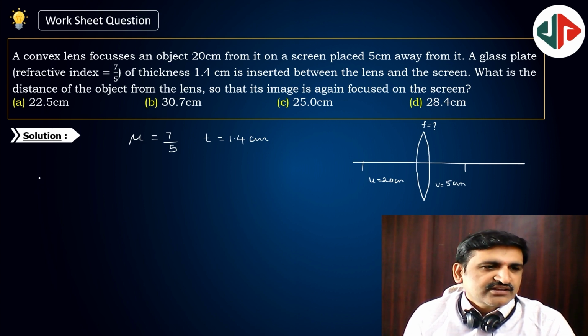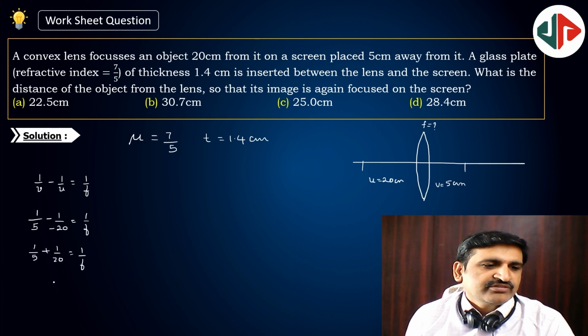That is 1 by v minus 1 by u equal to 1 by f because it's a lens. So 1 by 5 minus 1 by minus 20, because left side measurements are negative. So it will be 1 by 5 plus 1 by 20 equal to 1 by f. 20 is the LCM, 4 plus 1 is 5, so 5 by 20 is equal to 1 by f.